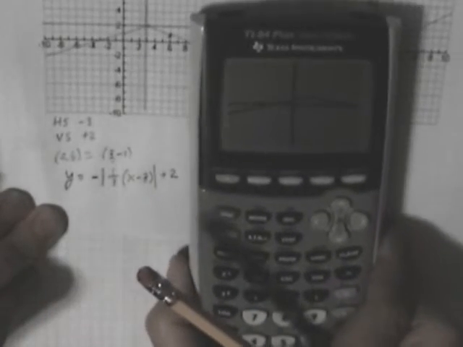So let's take a look at that in the calculator. Y equals negative math, absolute value of 1/3 parentheses x minus 3 parentheses plus 2. That graph looks like the graph that we're given.